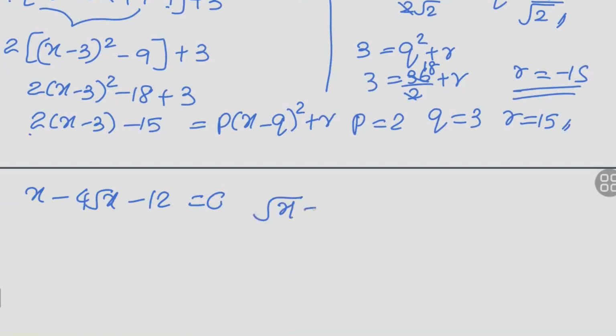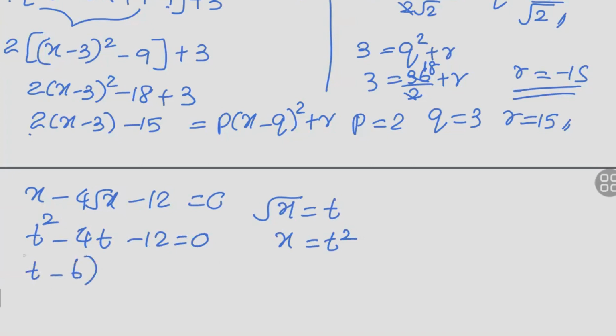Root x equals t, or anything you can use. So this is t squared minus 4t minus 12 equals 0. Then you can factorize in the normal way.